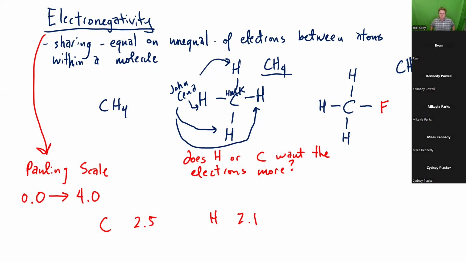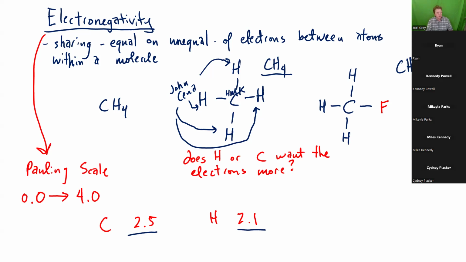Yes or no? No. Perfect. The Incredible Hulk or that carbon is not going anywhere because all of those forces are pulling in equal and opposite directions. So it's this game of tug of war where none of them are going anywhere. So the fact that this is 2.5 and this is 2.1 really doesn't matter.